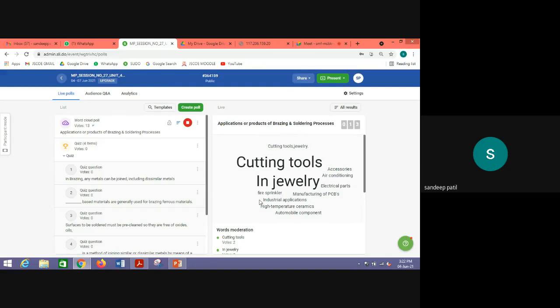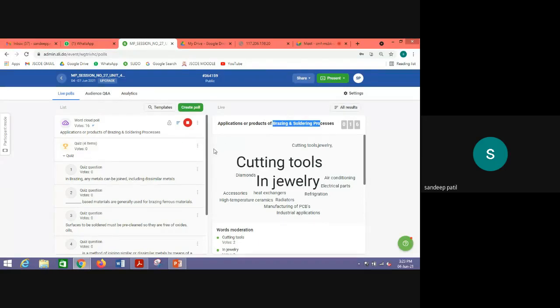If no such things are there, then for faster production, we can go for the brazing processes, because automation can be easy for brazing and the production can be taken out at a faster rate. Or you can say continuous production is possible in brazing and soldering processes rather than welding. Also, cost wise, it is cheaper than the welding process.